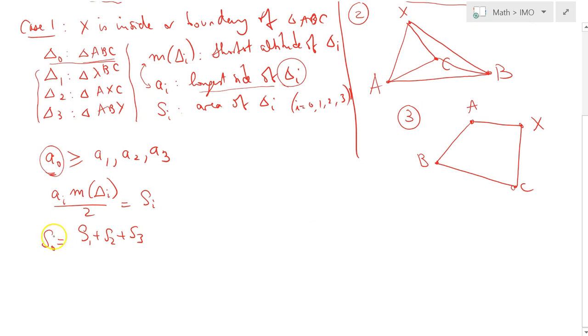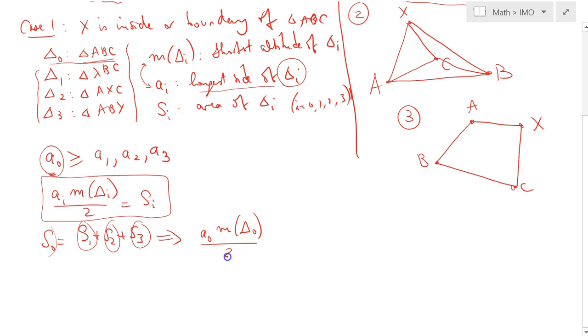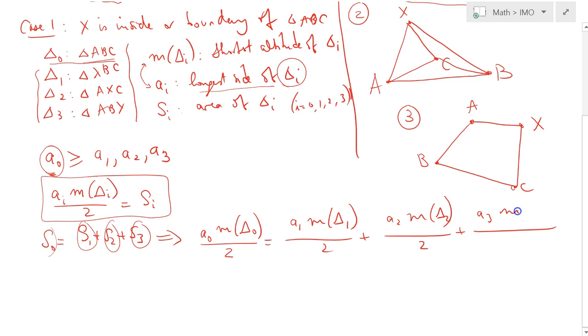Now let's start plugging in, replacing these S sub i's with this expression, which would imply that S sub 0 would simply be equal to A sub 0 M delta 0 all divided by 2, which is equal to A sub 1 M delta 1 over 2 plus A sub 2 times M delta 2 over 2 plus finally A sub 3 times M delta 3 all divided by 2.